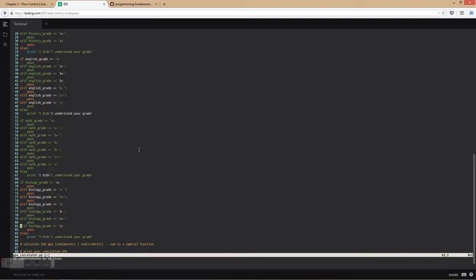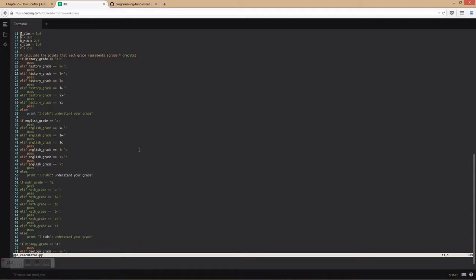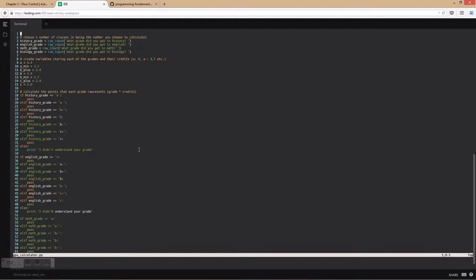And that should do it. Except we do have a couple problems. So B didn't work because it didn't have a plus or a minus. C didn't work.